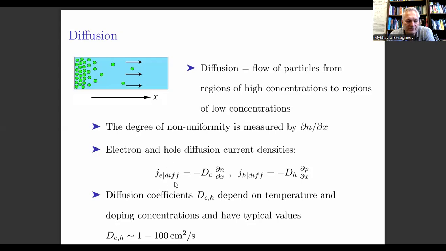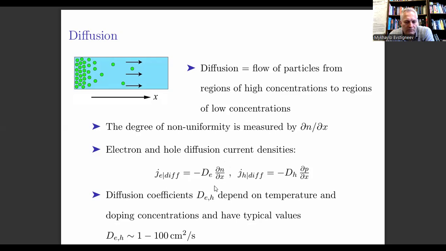So the flux density is measured in 1 over centimeter squared per second, centimeters to the -2, seconds to the -1. The concentration is measured in centimeters to the -3, and then you have dx in the denominator.